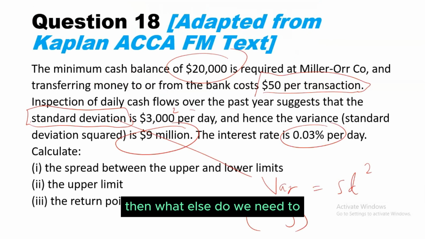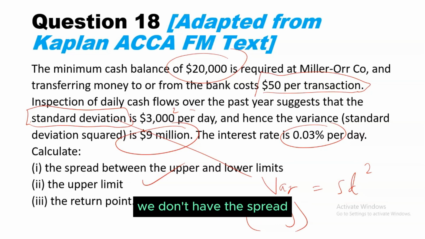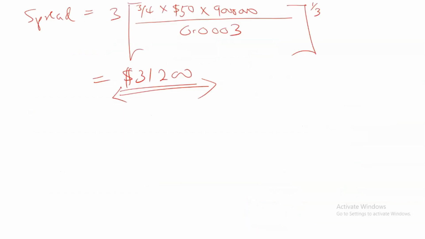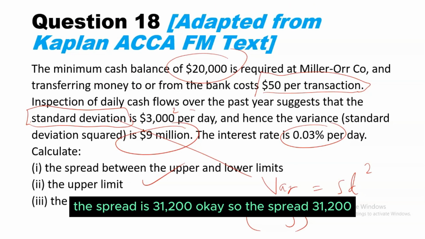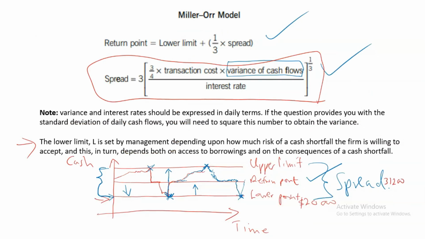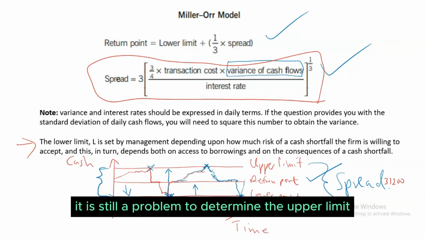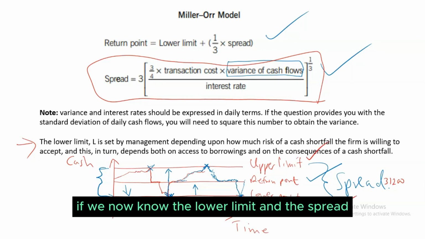So we now have the spread. The spread is 31,200. Do you think it is still a problem to determine the upper limit if we now know the lower limit and the spread?